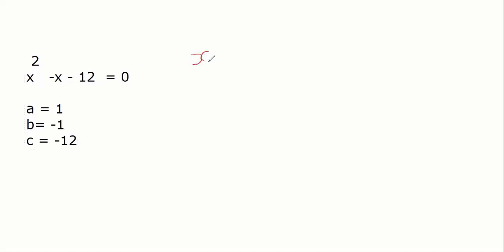Yes, so x equal to what will come? x equal to -b plus or minus root b square minus 4ac divided by 2a. So minus b means what do I write here? Minus b means plus 1. Plus or minus, b square is how much? 1, minus 4 into a into c, 4 into -12, how much will it be?